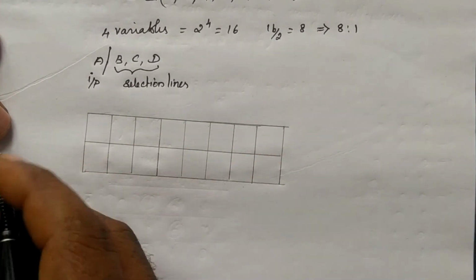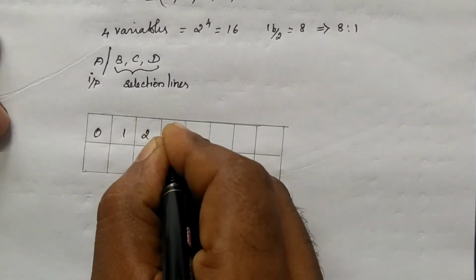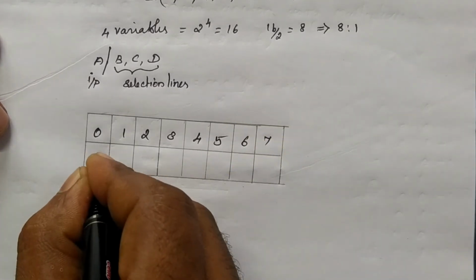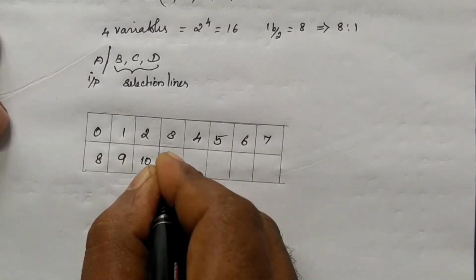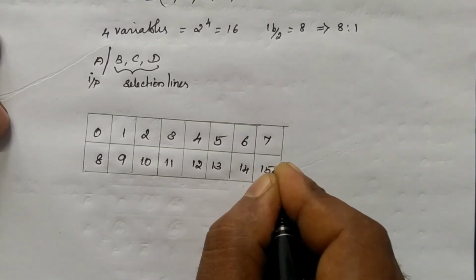So totally we have 8 columns. You can start with 0, 1, 2, 3, 4, 5, 6, 7, 8, 9, 10, 11, 12, 13, 14 and 15.